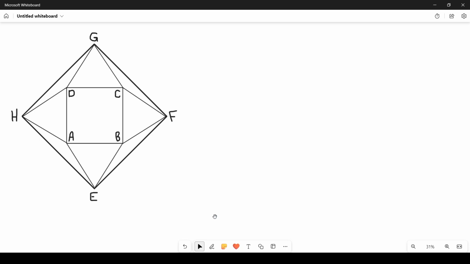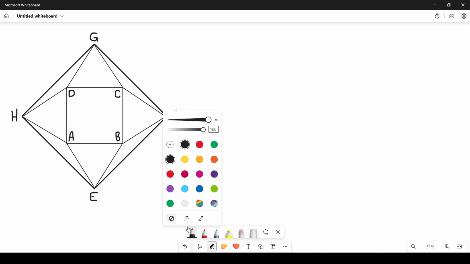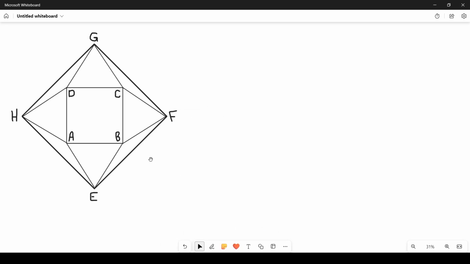But how do we know this is a square? We can pretty easily assume it is a square because of the problem. However, I will show you a way we can prove it's a square. I'm not going to write it in detail, but I will discuss the main points.